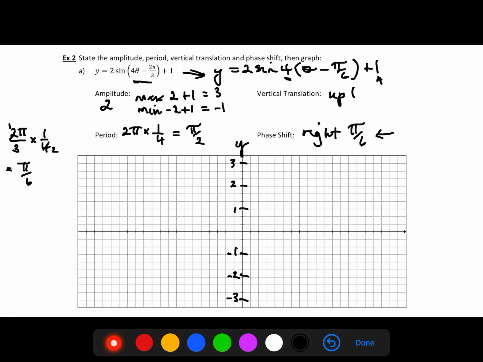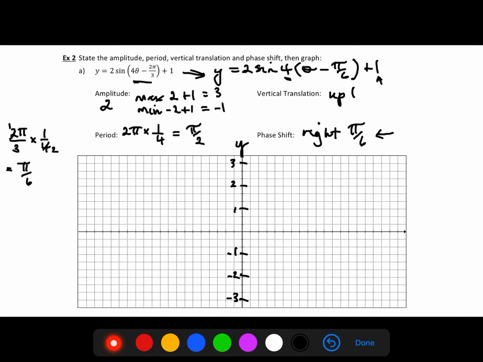On our x-axis, this gets a little more complicated because we need to be able to move pi over 6, and our cycle is going to be pi over 2. So we want to be able to move easily pi over 6.